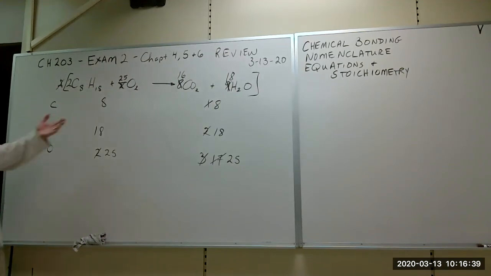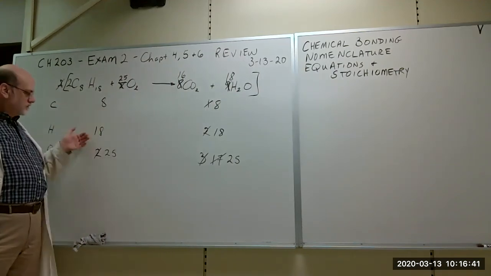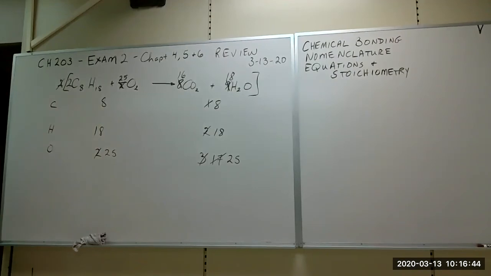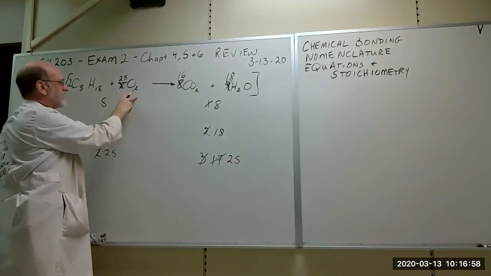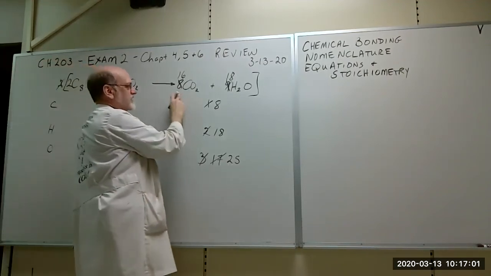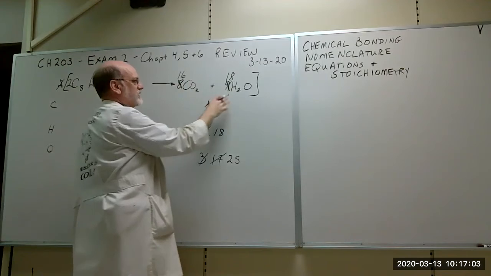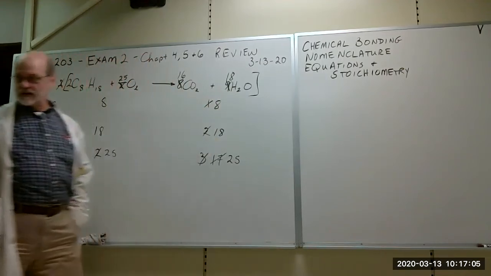We would just have to multiply each one of these by 2. Still the same ratio. All we did was multiply the entire thing through by one number. We didn't change the ratios at all. So it's 2 octanes plus 25 oxygen molecules yields 16 carbon dioxide and 18 water. We're done.